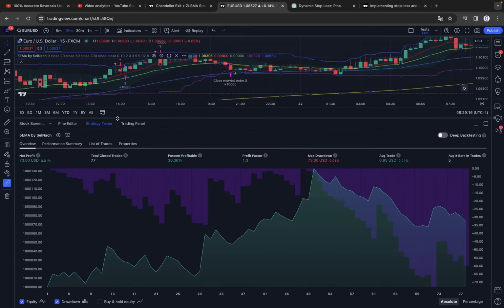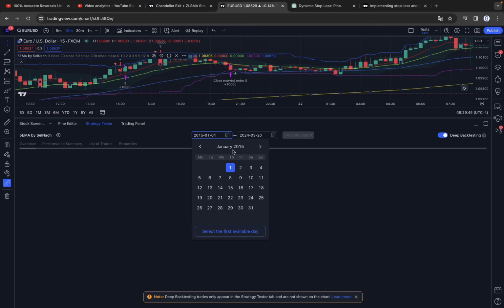Okay, this looks not so bad. We have a profit. This is actually the win rate of 36%. This is not so good, but the profit factor is 1.3, drawdown is 73 USD, and the profit is also 73 USD. So let's take a look at the deep backtest.